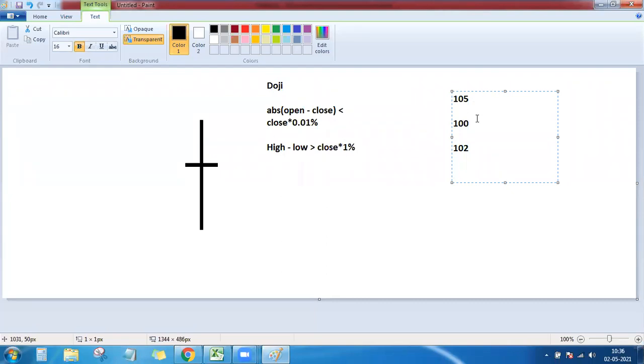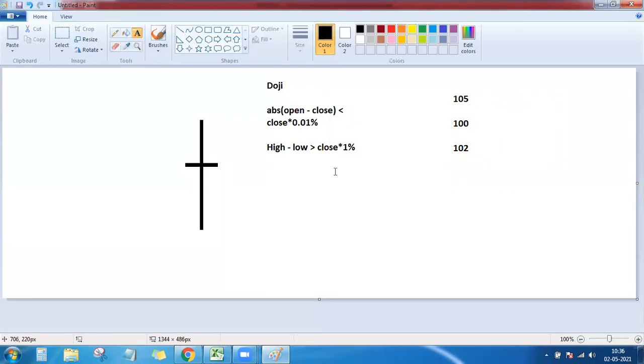So this is high and this is low. The distance between this is 5%. And the closing price, if you see, if you multiply this by 1%, it is only 1 rupee. So 5% is greater than 1%. That means the distance made by the stock, the range made by the stock on that day was a meaningful range.